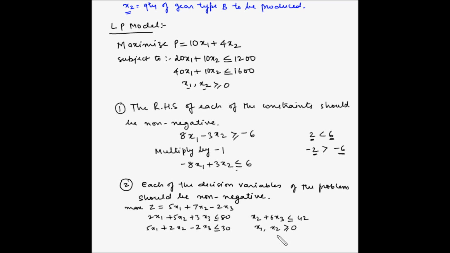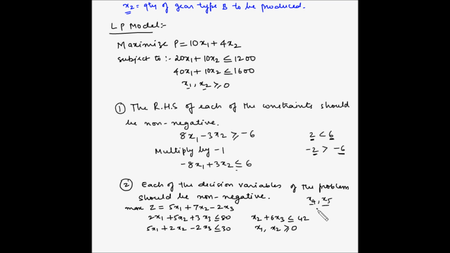However, this is not acceptable if we want to use the simplex method. So this situation is handled by introducing two new variables, let's say in our case x4 and x5. Both of these are non-negative and are such that the difference between the two is equal to x3.